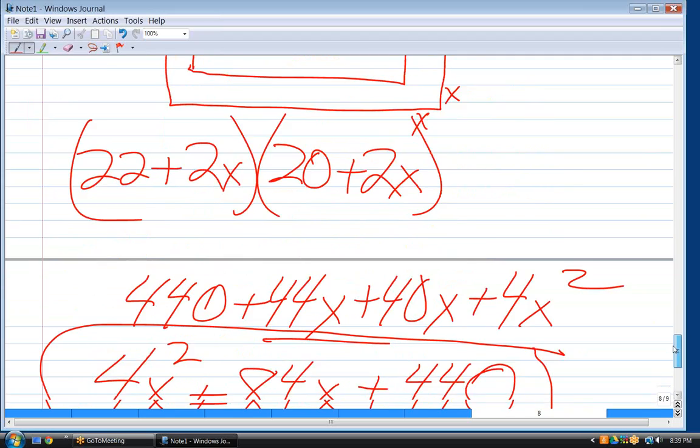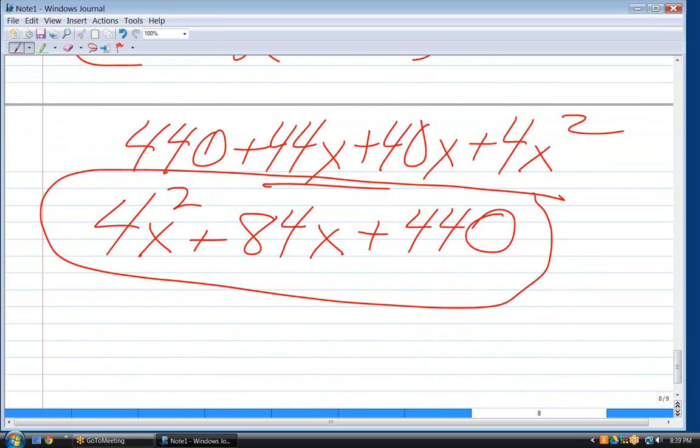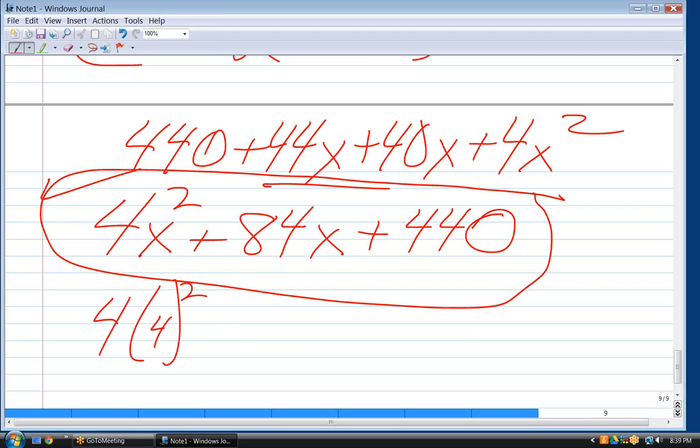So all I'm going to do is substitute 4 into this. We've already decided that that's the combined area of the frame and the picture, the area of the outside rectangle. So if I want to know what that area is when x is 4, we'll just substitute 4 in for x. And now we can come up with that number.